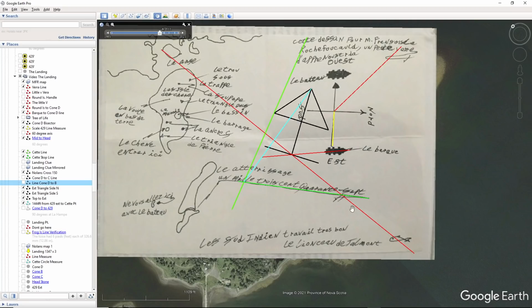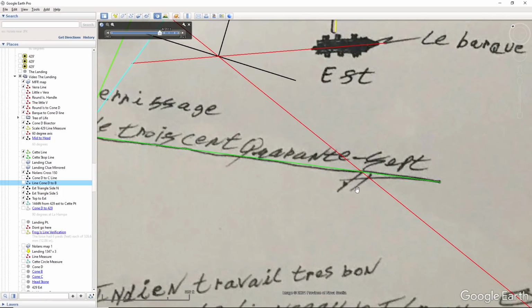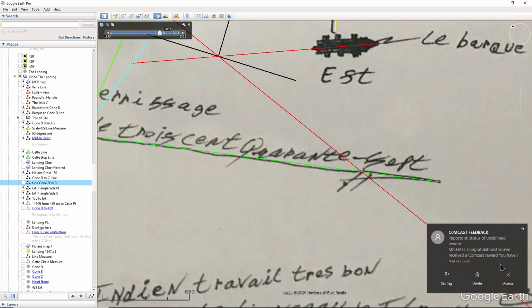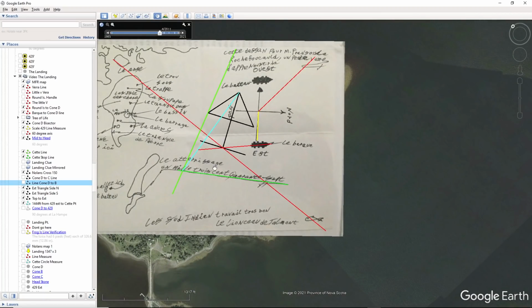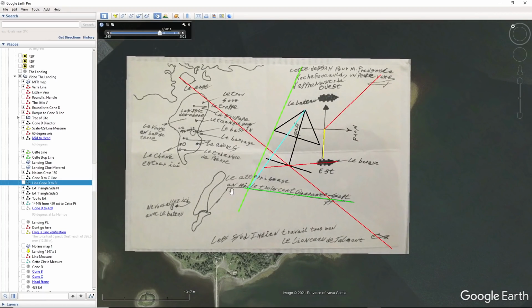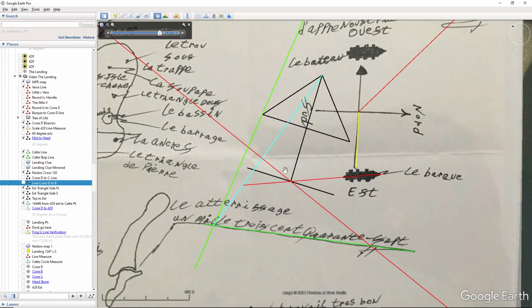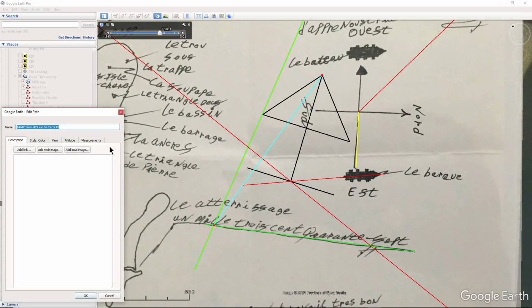We have two parallel lines and a triangle, and from the apex of that triangle down to this point right here is 1,347 feet. So basically, or pied, it's 1,347 pied, which is pre-1668 French units. In our units, it is 1,444 feet.